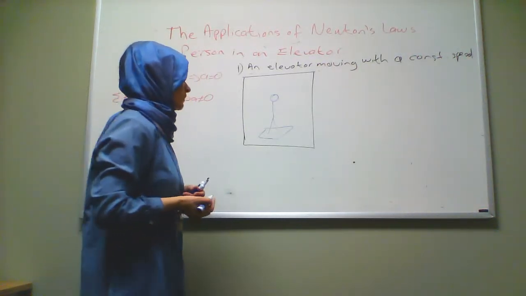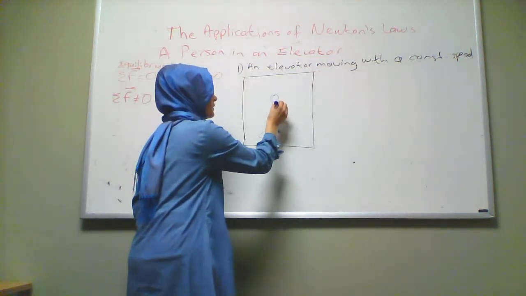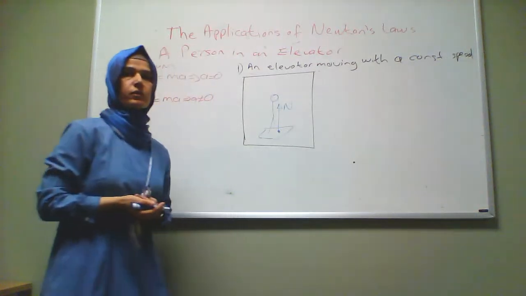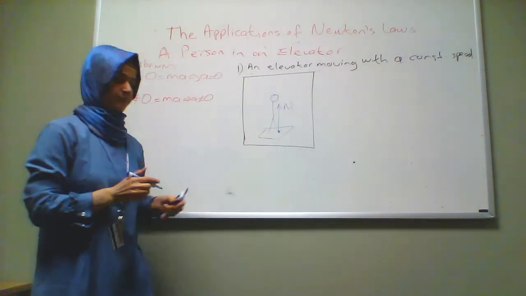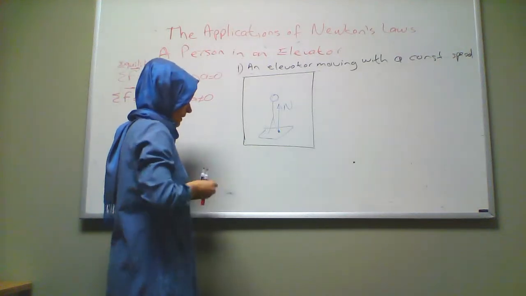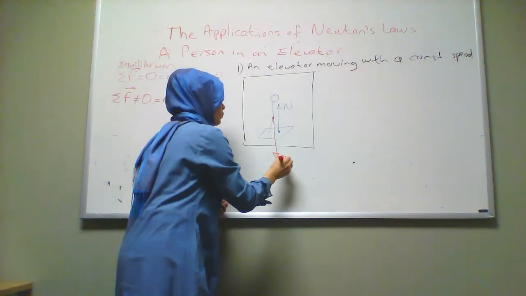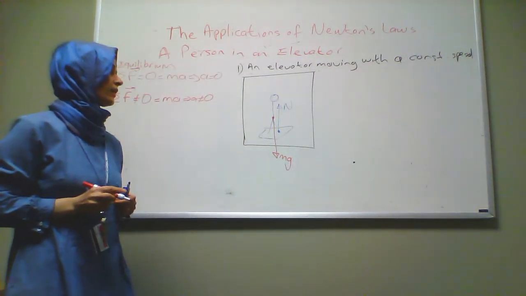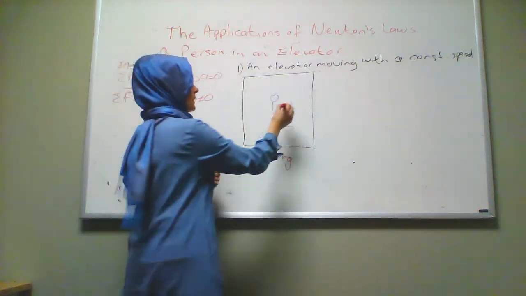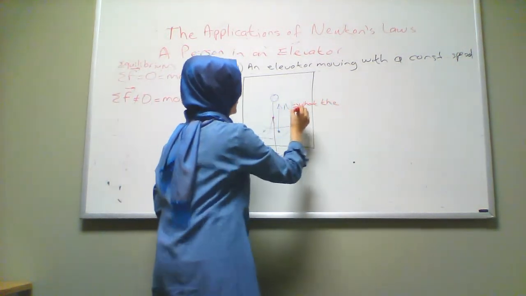Once you get a question about this, the force that the scale reads is a normal force, the total normal force acting on the scale. We always have mg downward, the weight of the person, and mg will change depending on the motion of the elevator. This is N, this is what the scale reads.